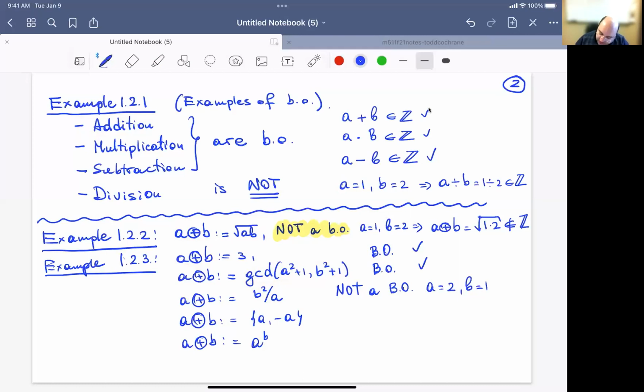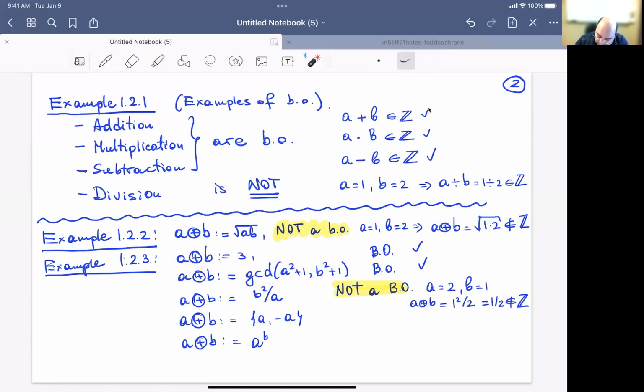Then a circle plus b is equal to b squared divided by a, which is 1 squared divided by 2, which is 1/2, and is not an integer. So that means this is not a binary operation, because it's enough to fail for just one example, one pair of integers, for the result not to be a binary operation.